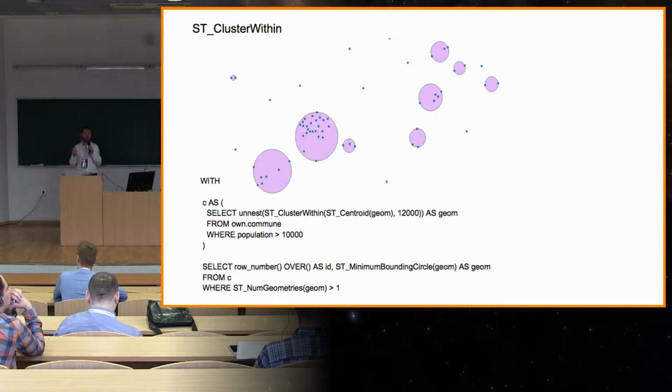So the first attempt is to retrieve the nearest neighbor, but the other one, if you have a data set with a lot of points, and you want to create some clusters, some patches, with them tied together, there is a quite new function called cluster within, and with this kind of function you can create clusters, here the purple circles, that tie your initial point data set into a few clusters.